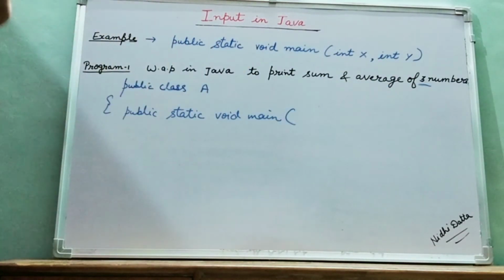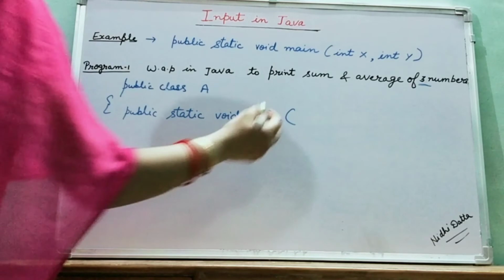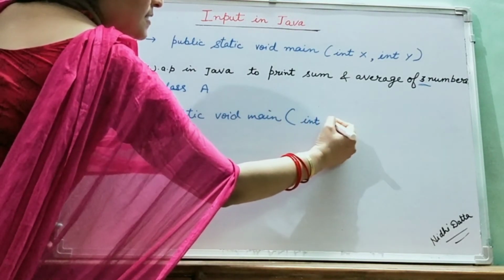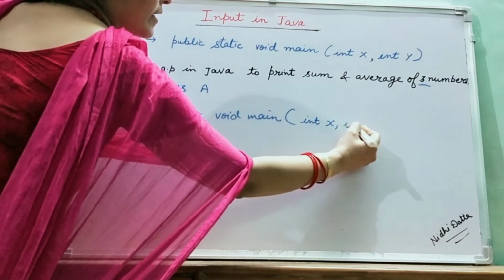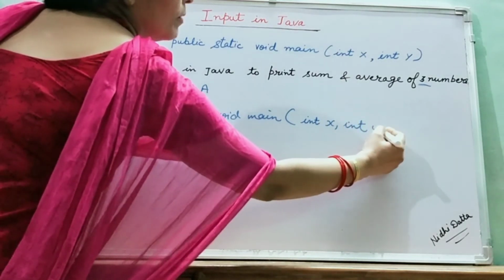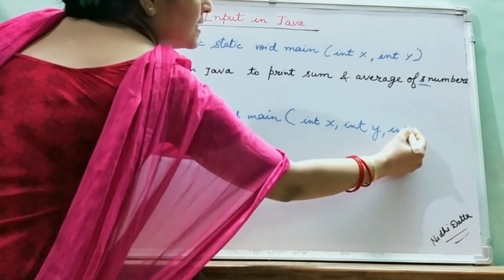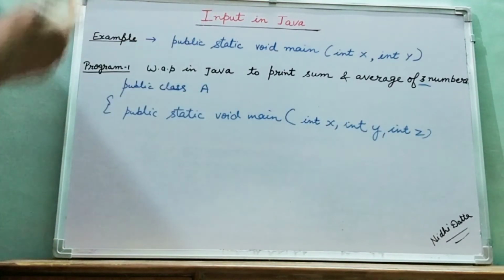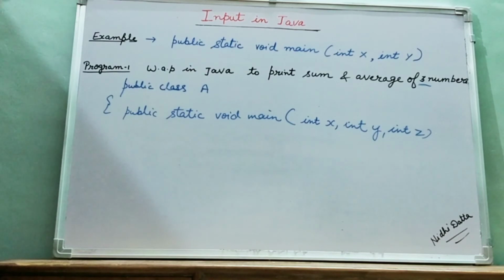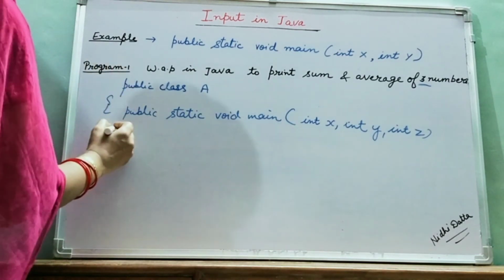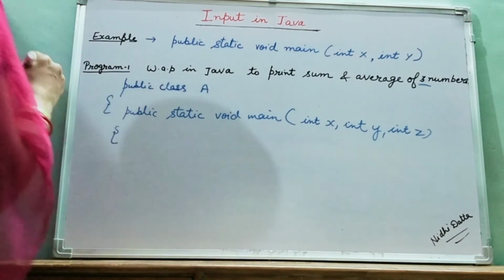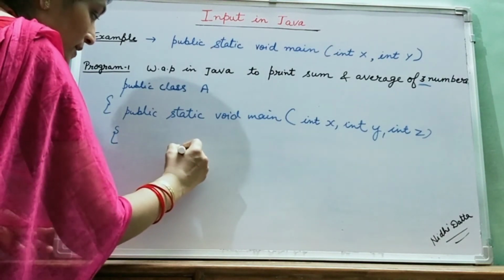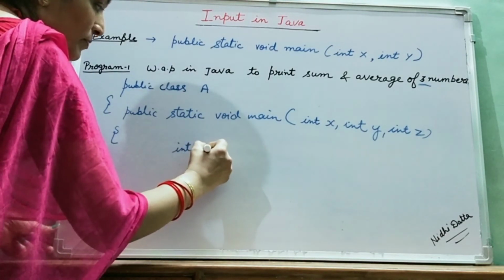Taking three variables as input: int x, int y, int z. These are the three variables through which we can take the values for the sum and get the output.